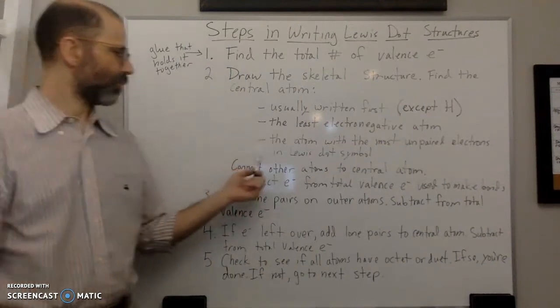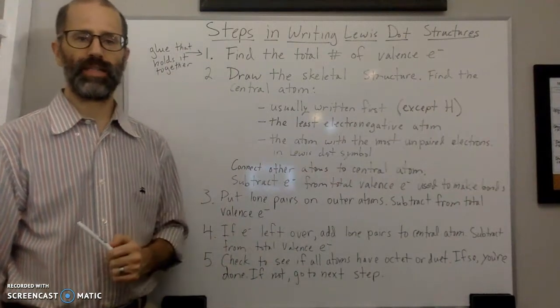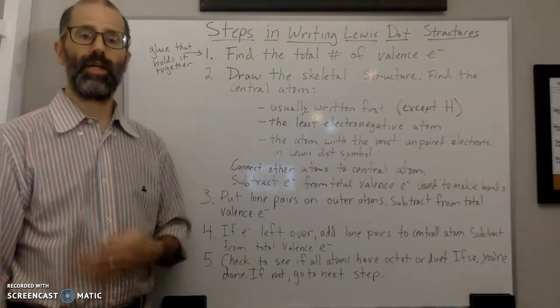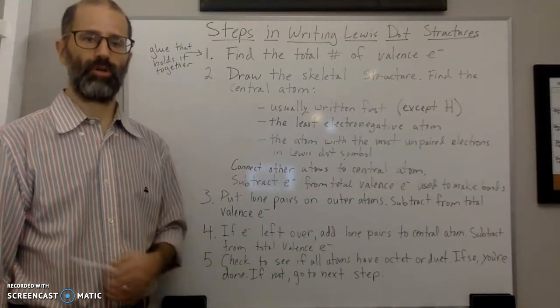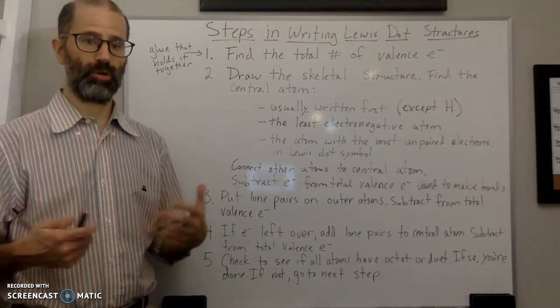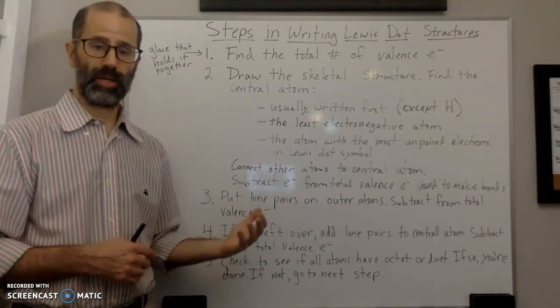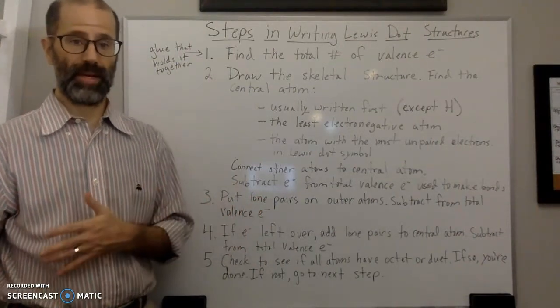And then another thing you could look at is the number of unpaired valence electrons in the Lewis dot symbol, right? So usually, because we want a central atom that's going to bond multiple times, that atom that has more unpaired electrons is going to form that many bonds.